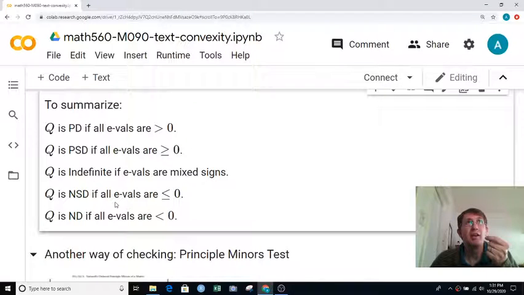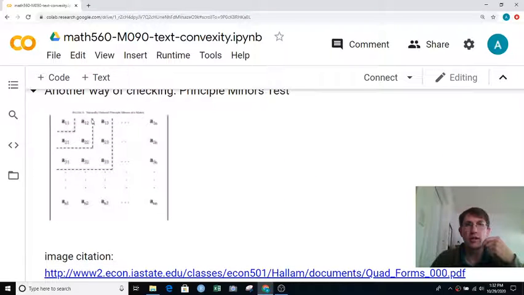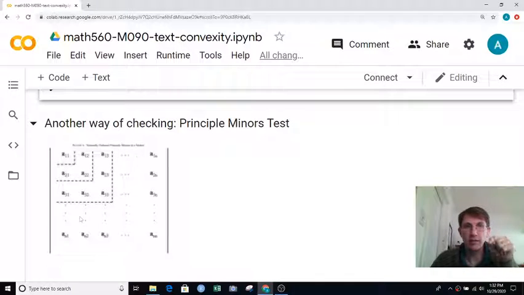Now you might be saying, I don't want to go find all the eigenvalues of a matrix, and I totally understand. There are computer routines that can do that, and that's great. But another way of quickly checking whether a matrix is positive definite or not is called the principal minors test. So you take the determinant of the whole matrix, and if that's positive and the determinant of each square submatrix stacking up toward the corner here is also positive, then overall the matrix is positive definite.